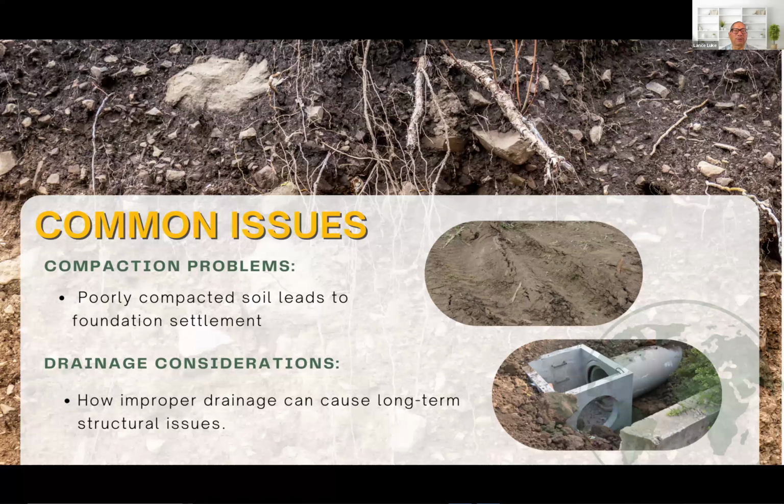So even if it's concrete, you still need to be aware. If it's asphalt, have you noticed that when you're driving around a road or in a parking area of a shopping center, you have these dips in the road, or these potholes and all that? That could be a soil condition issue. It also could be a poorly laid asphalt or material problem, but most times it's a soil condition.